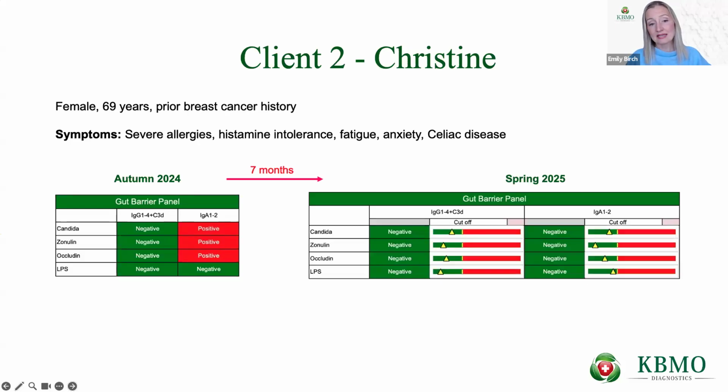7 months later, after being looked after, she did the gut barrier panel again, and you can see that we had some really great success. Nothing is positive anymore. Everything is now in that green negative section, which is really testament to 2 things.